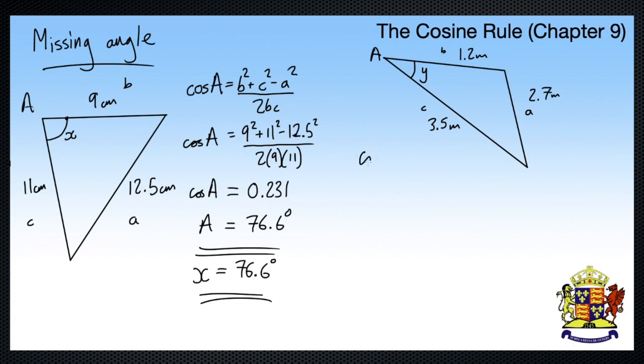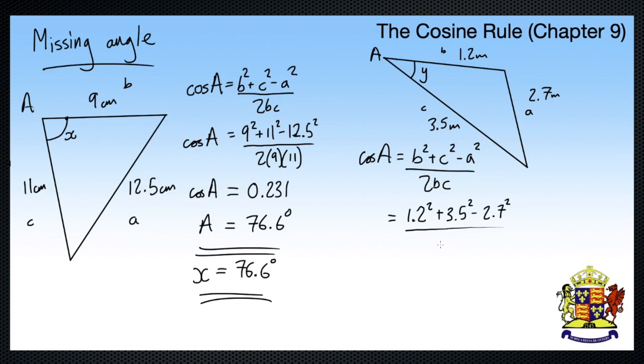Okay, so start again with our formula. Cos A equals b squared plus c squared minus a squared all over 2bc. So we have 1.2 squared plus 3.5 squared minus 2.7 squared all over 2 times 1.2 times 3.5. Go into your calculator.